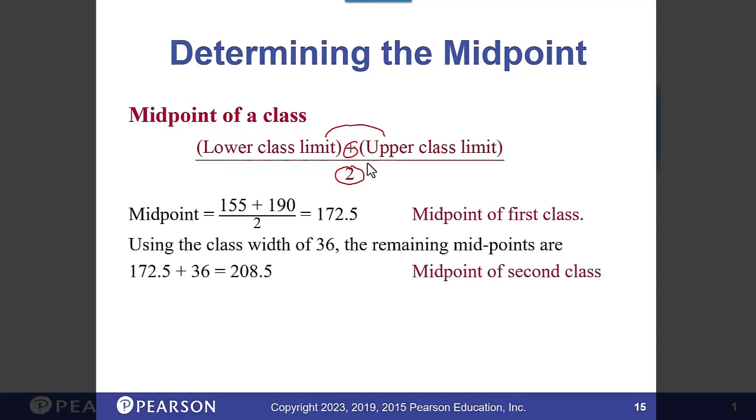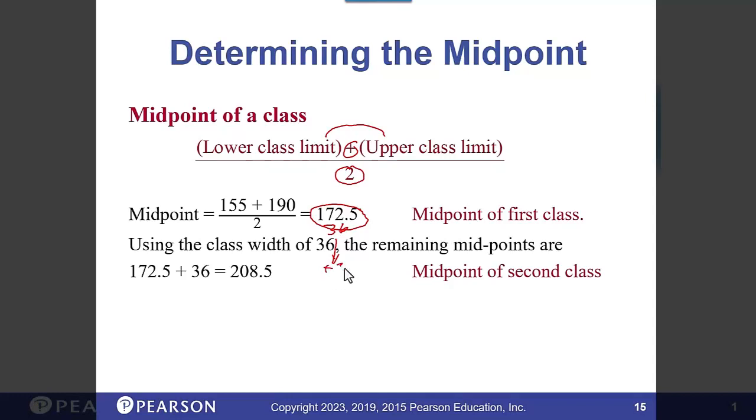Next one, real easy. Actually, you can do that the whole way down, but there's an easy way of doing it. If you want the midpoints for all of them, once you get the midpoint for the first class, remember the class width was 36? Add 36 to that, and you'll have the midpoint for the next one.